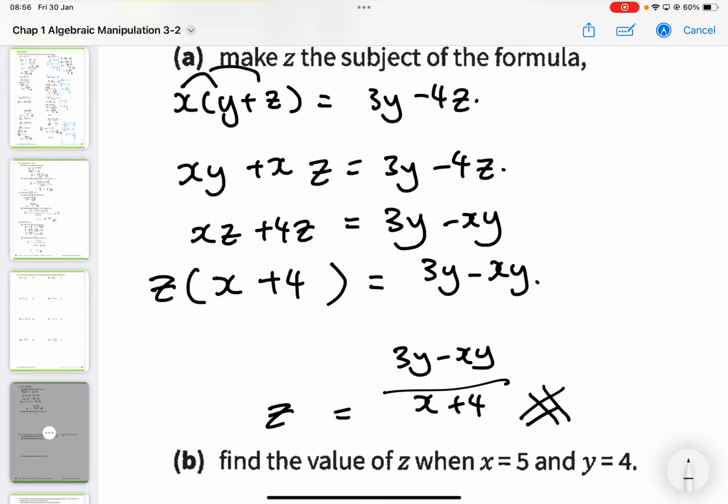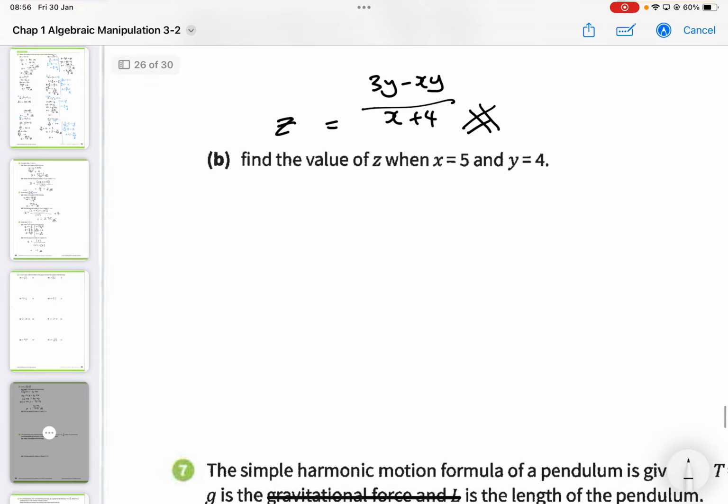Put your Z terms together and factorize out the Z. Then you can isolate your Z. Make Z become by itself, which is what you want finally, Z by itself. One can or not? Then the last part, substitution.